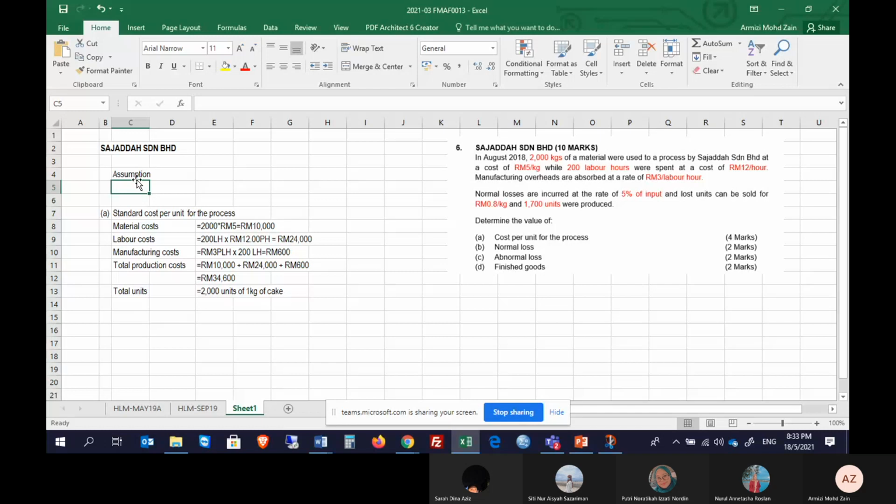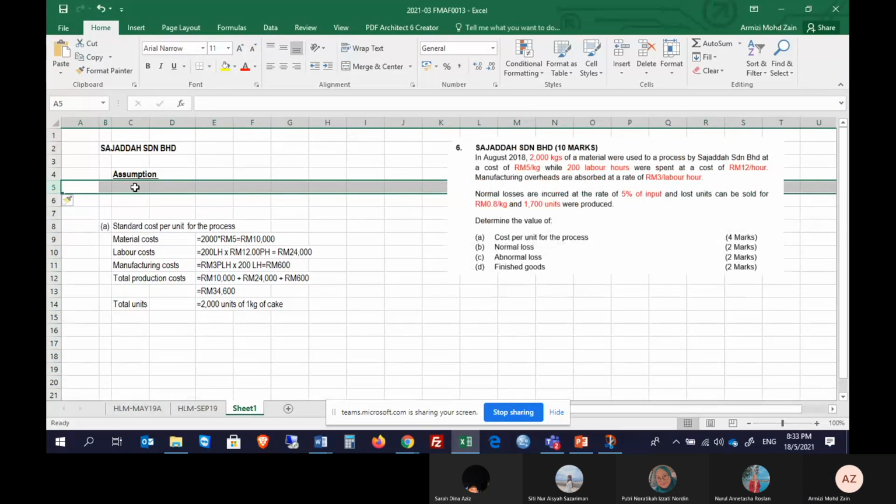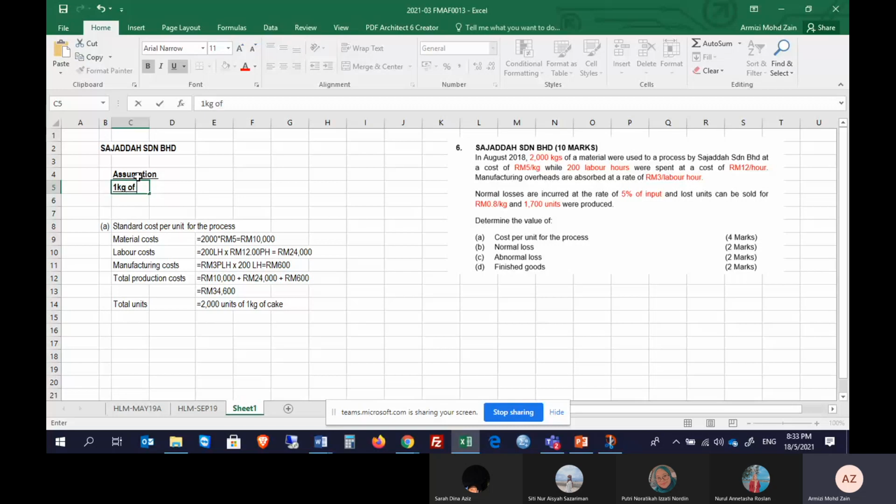Assumption, andaian kita lah, andaian kita: 1 kg of flour equal to 1 kg of cake. Betul. Assumption kita.